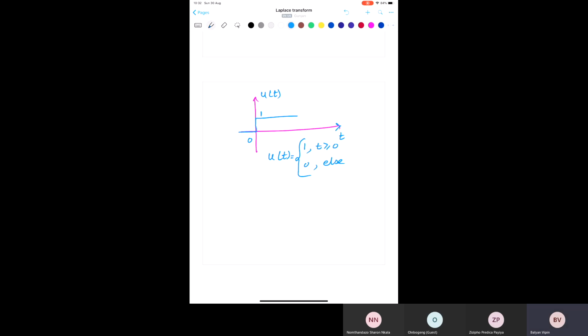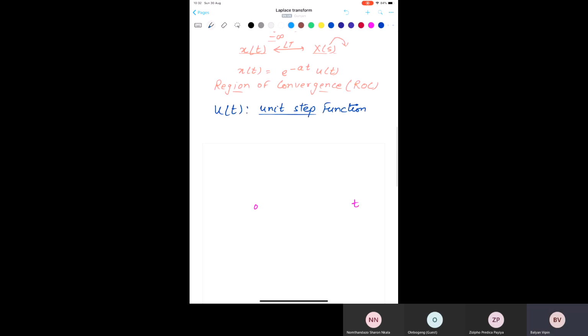So if I need to find the integration of this function using the Laplace transform method, then it will be x of t equal to basically your u of t. And what is u of t? u of t is 1 for t greater than or equal to 0, and 0 else.